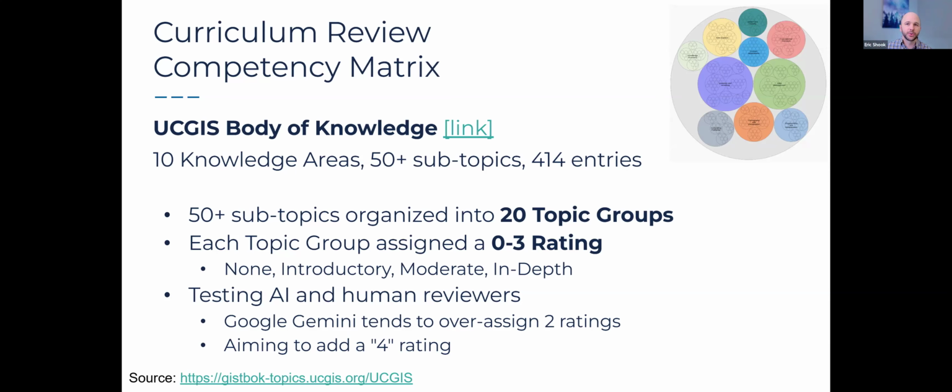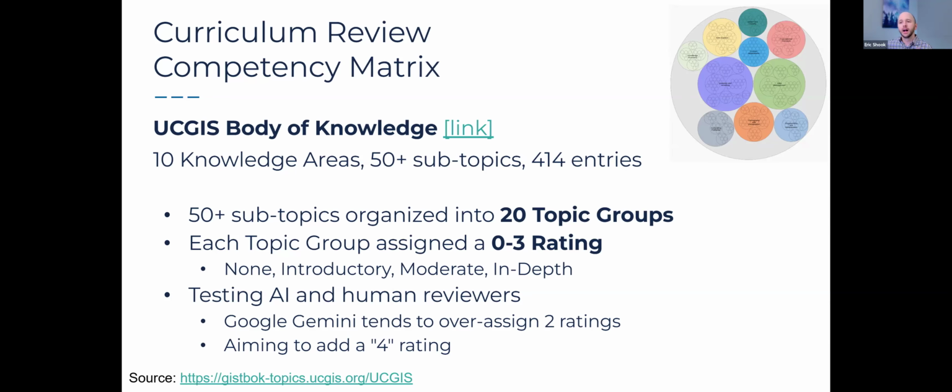Asking people to review their courses and curriculum across 50 subtopics or 414 entries is just a little bit too big of an ask. So what we did was use AI to regroup these subtopics into 20 topic groups.